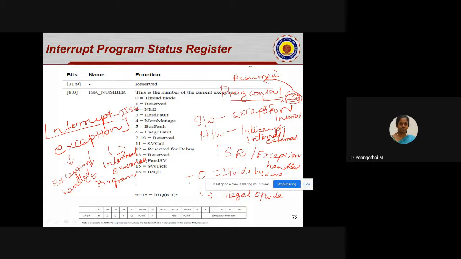Once the ISR execution is completed, your processor resumes its activity, which means program control transfers back to the main program. Okay. So coming back to the interrupt program status register, it indicates which exception the processor is handling.